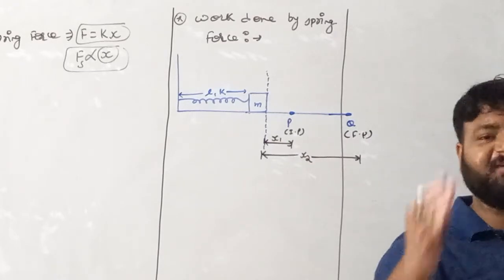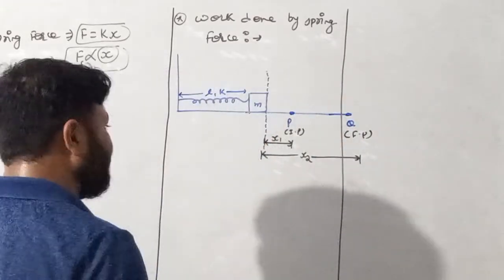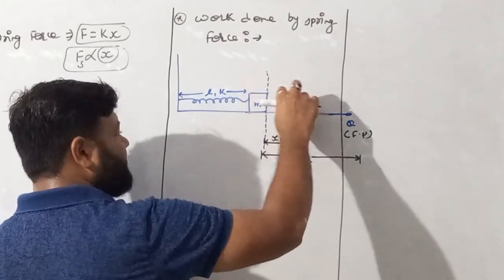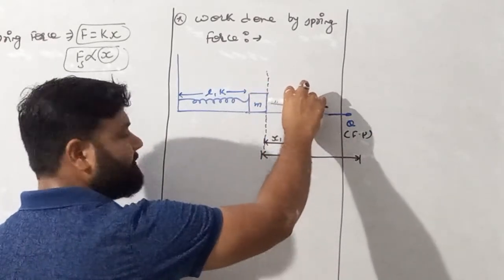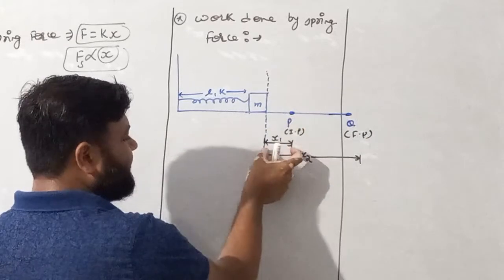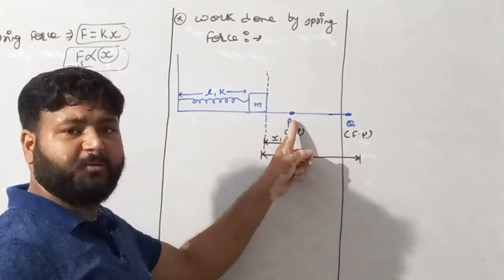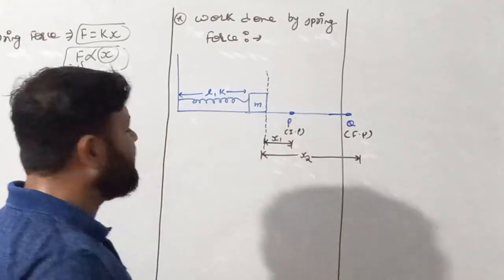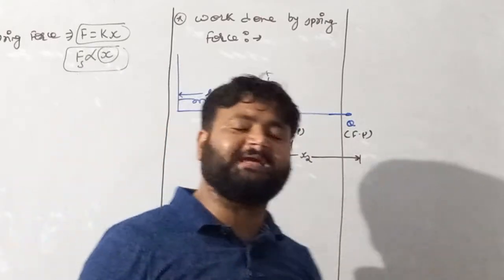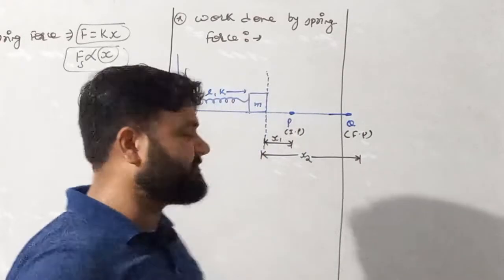Now see why I am saying that spring force is a variable force. If this block is placed at point P, then the elongation is x1, and the value of spring force is F is equal to Kx1.